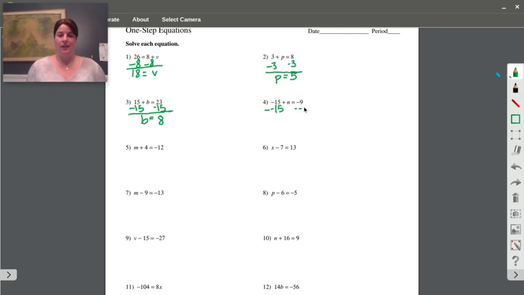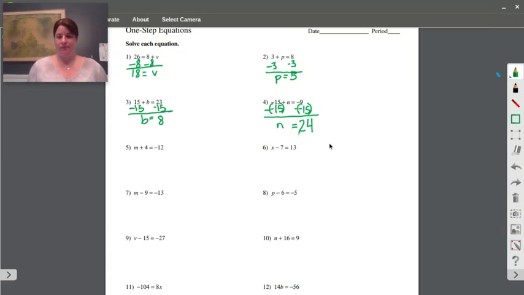And we're going to do that on this side. So we'll do minus, put a parentheses there to keep things straight, minus negative 15. And we end up with negative 15 plus n minus negative 15 is just n. 9 minus negative 15 is 24.